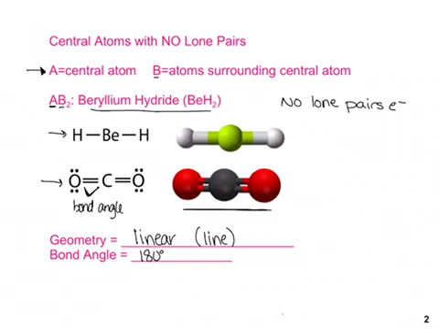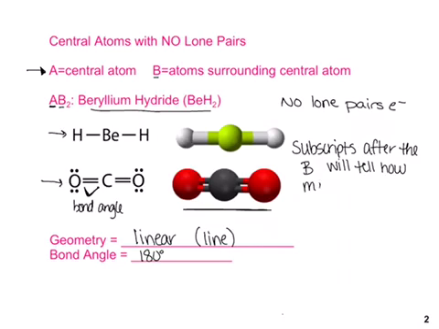So when we look at a chemical formula, the subscripts after the B element, whatever that may be, will tell how many atoms of B are bonded to the central atom.